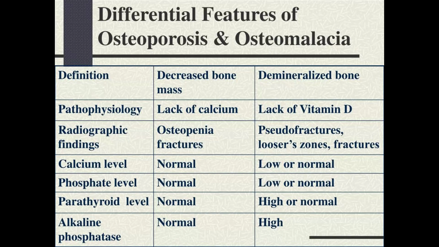Here you can have pseudofractures, Looser zones, and fractures. Calcium level is normal here, because it's a vitamin D deficiency it will be low. Usually parathyroid hormone goes up with osteomalacia. Alkaline phosphatase is usually high in osteomalacia.